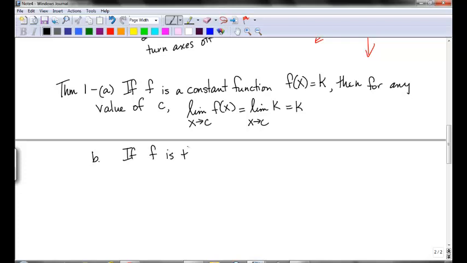Okay, part B. If P of x is divided by x minus r, that's a lowercase r, the remainder equals x. That's the identity function. That's the same as y equals x. What's that going to graph? Y equals x.